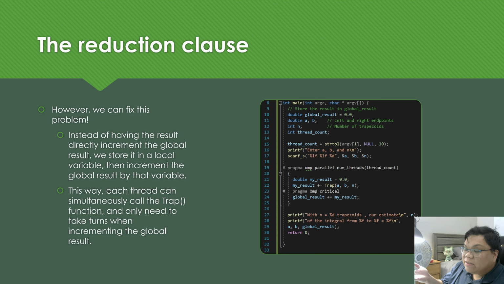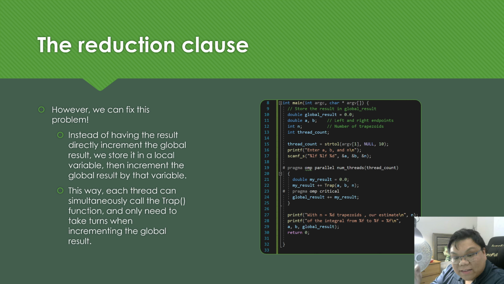Once that's done, at this point in the execution, every thread should be running the trap function. It's only when we get to the critical section that we have to increment global_result one thread at a time. But hey, most of the calculation's done, so in theory, this should result in a speedup in our program. So that's the fix that we have to make here.